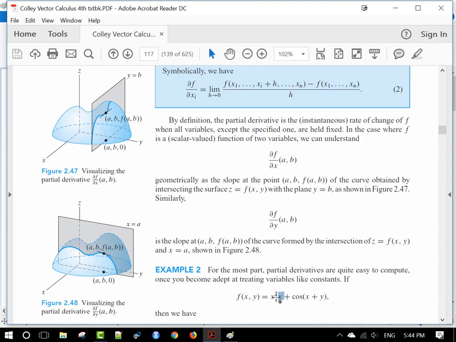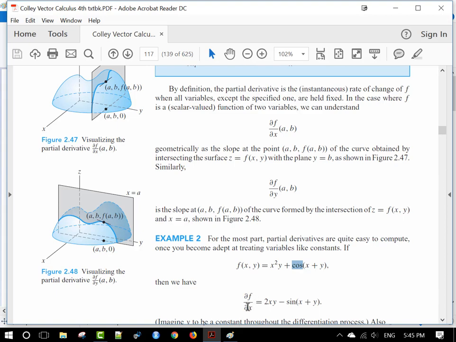What's the derivative of 5x squared? That's easy. And here, you'd say, okay, I'm going to hold y constant, so this is like the cosine of x plus 5. And then what's the derivative of that? Well, that's hopefully not too difficult either, but we're not specializing in derivatives of cosine, so we won't worry about that too much.